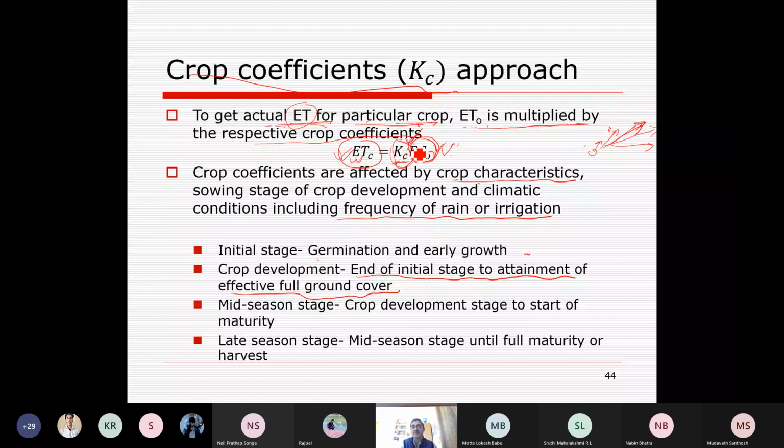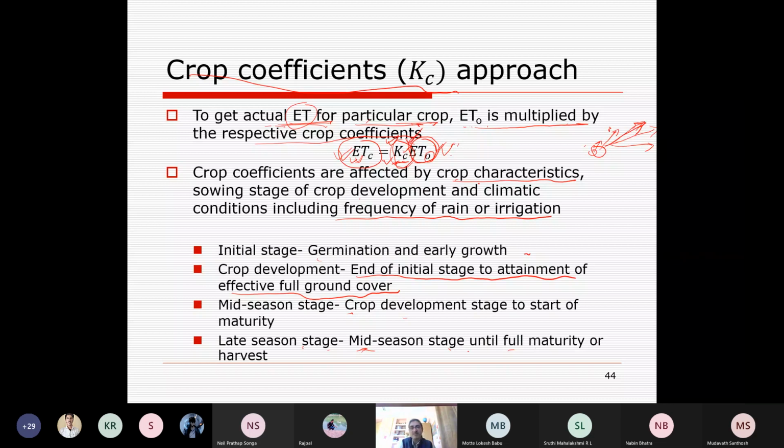Then the mid-season stage, from crop development to the start of maturity, and the late season stage, until full maturity or before harvest. There are different Kc values for different crop stages. If we know those Kc values for a single crop for all the stages, we can find out ET for those stages and the total water requirement by the crop in the whole cropping period.